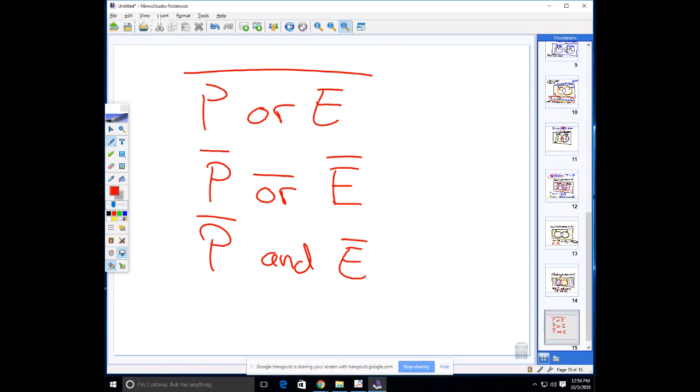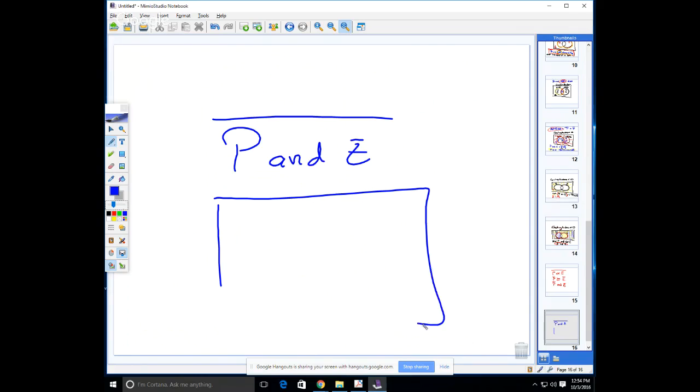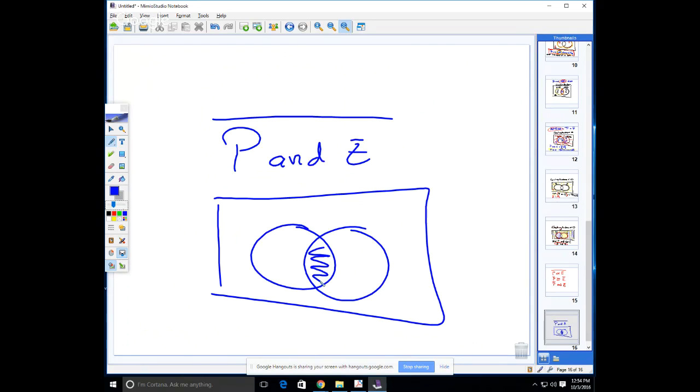Yeah, so that is a good question. So what if I had put a bar over the whole thing? Would that be different? So instead, if we looked at P and E with a whole bar over it, well, P and E would be this section right here.